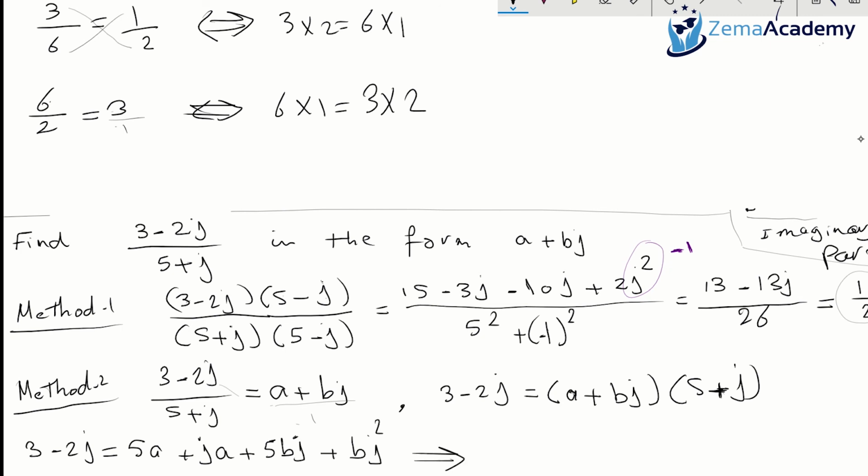That gives us 3 minus 2j equals 5a plus ja plus 5bj minus b. Yeah, why? Because j squared is minus 1.